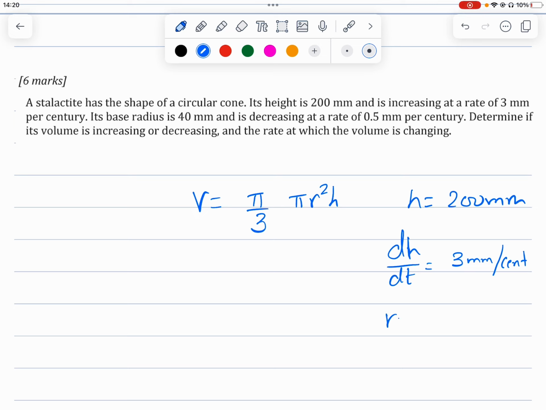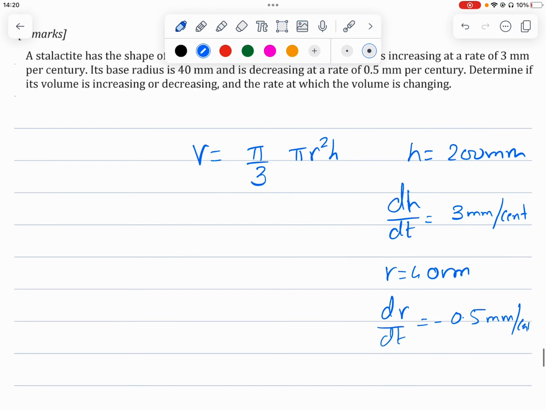Its radius is 40 millimeters, and it is decreasing at a rate of, so dr by dt equals to nothing but what? Negative 0.5 millimeter per century. Determine if the volume is increasing or decreasing and the rate at which the volume is changing. So what am I going to do with it? I am going to find dV by dt.